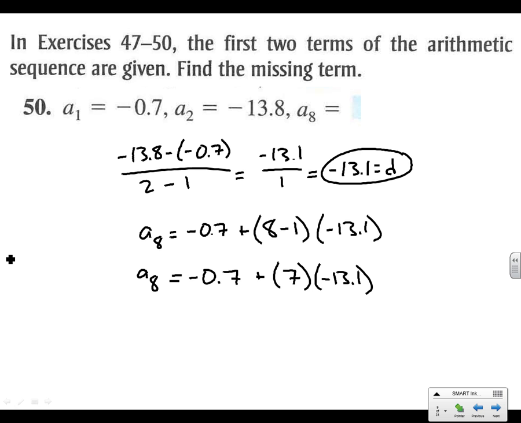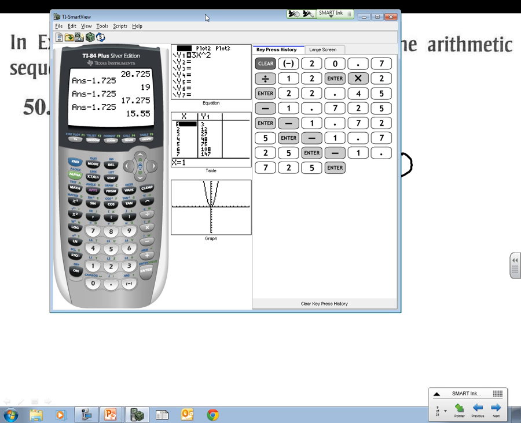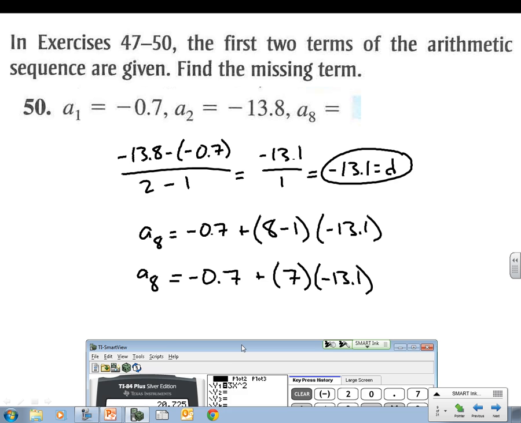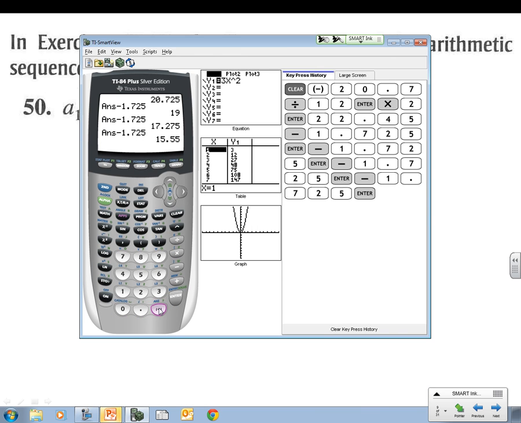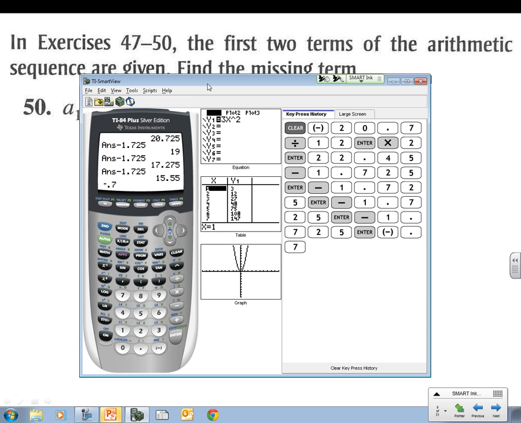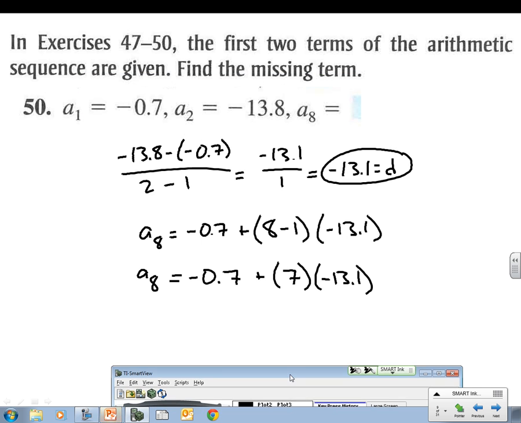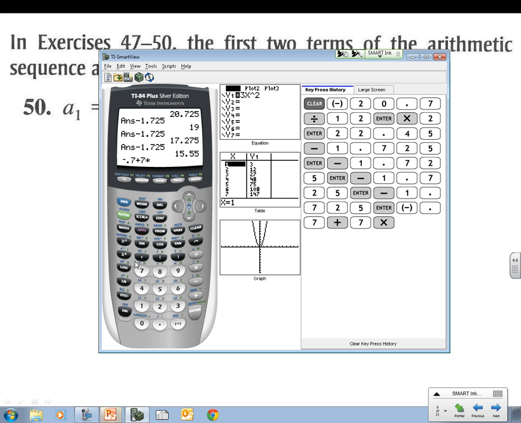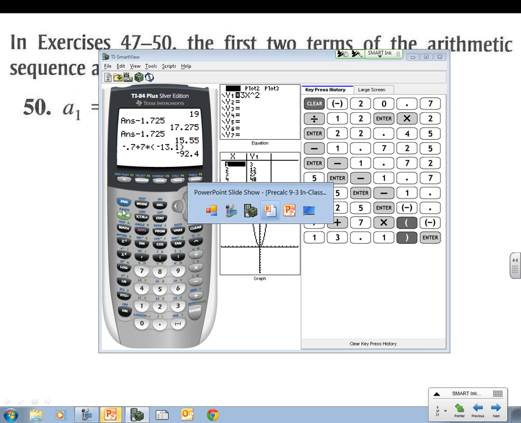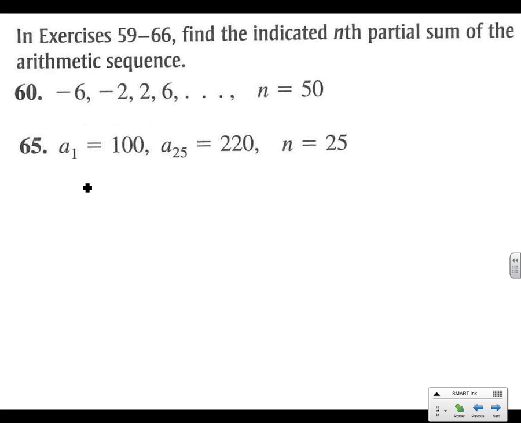And let's go ahead and plug this in. Negative 0.7 plus 7 times negative 13.1. And negative 92.4 would be our answer. On we go to 60.